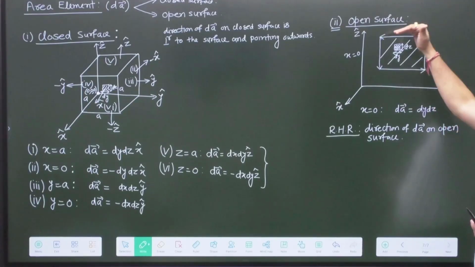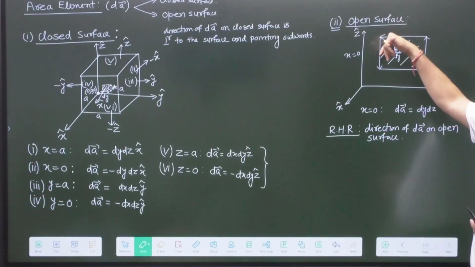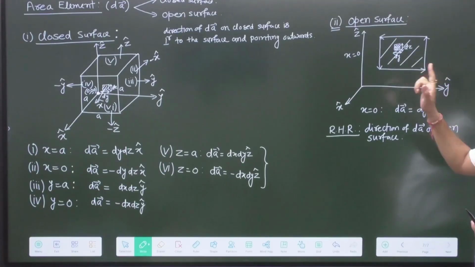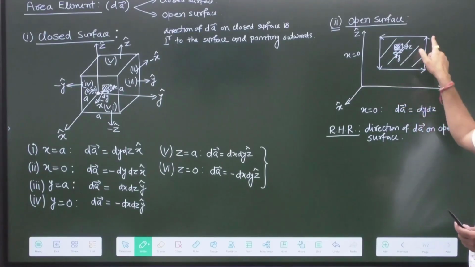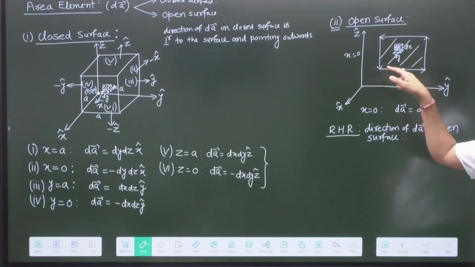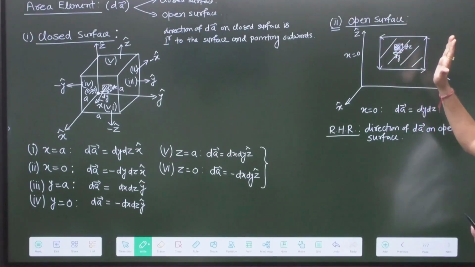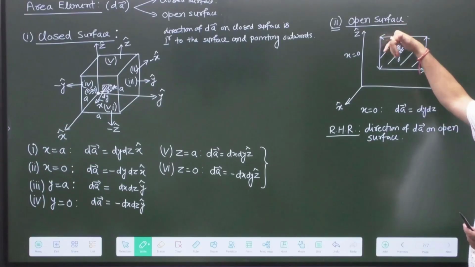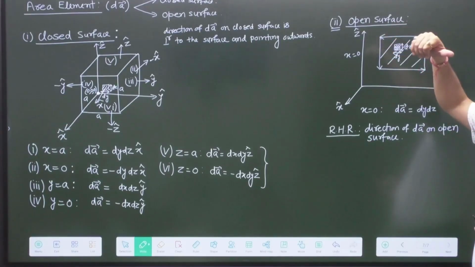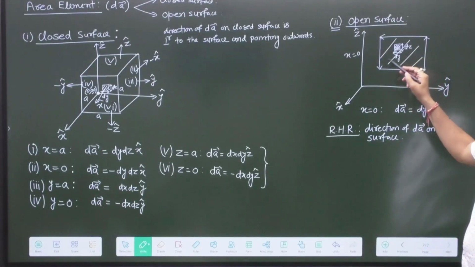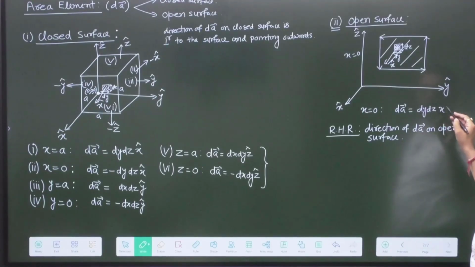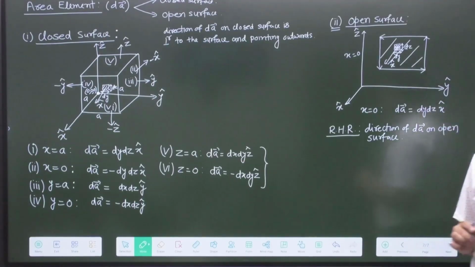Curl your finger in the direction of this closed line. Whenever an open surface is given, they will always specify this closed line, whether you are moving anti-clockwise or clockwise. So use your right hand and curl your fingers in the direction of the closed line. Then the thumb will give you the direction of dA. So according to the right hand, this direction will be x cap. So dA is given by x cap.